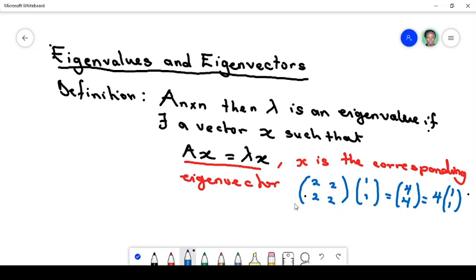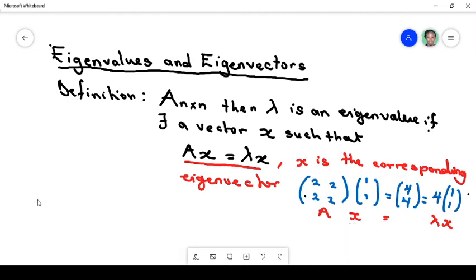So if this is our A, and this is x, we are saying it is equal to lambda x. So you realize that your result is a multiple of your vector x.